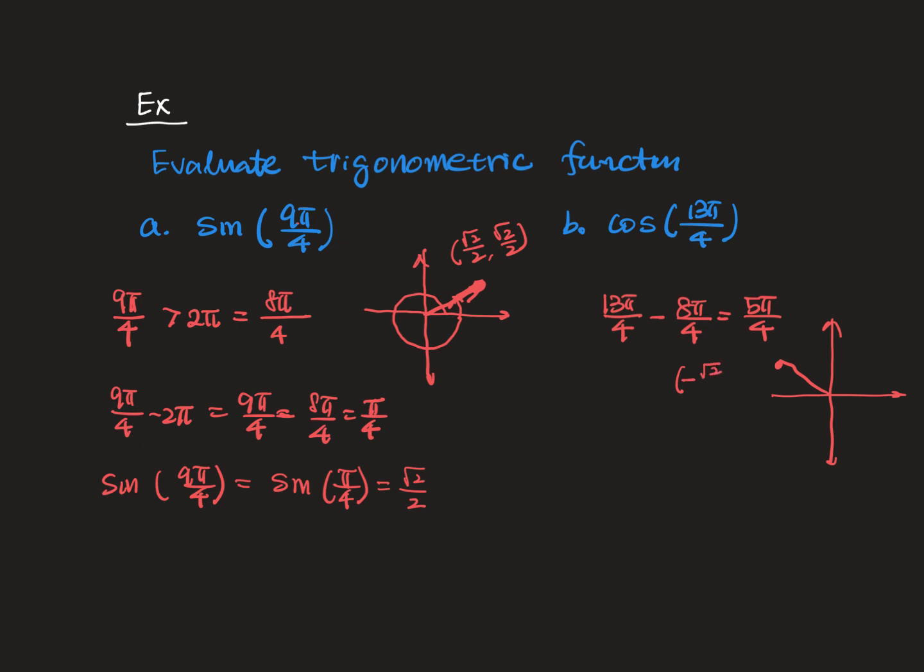Negative square root 2 over 2, negative square root 2 over 2. So cosine 13 pi over 4 is going to be the x value, negative square root 2 over 2. Guys, make sure you understand the unit circle, how to build it, where the angle is going to be on the coordinate plane, and then you're going to use this property to find the trigonometric function.